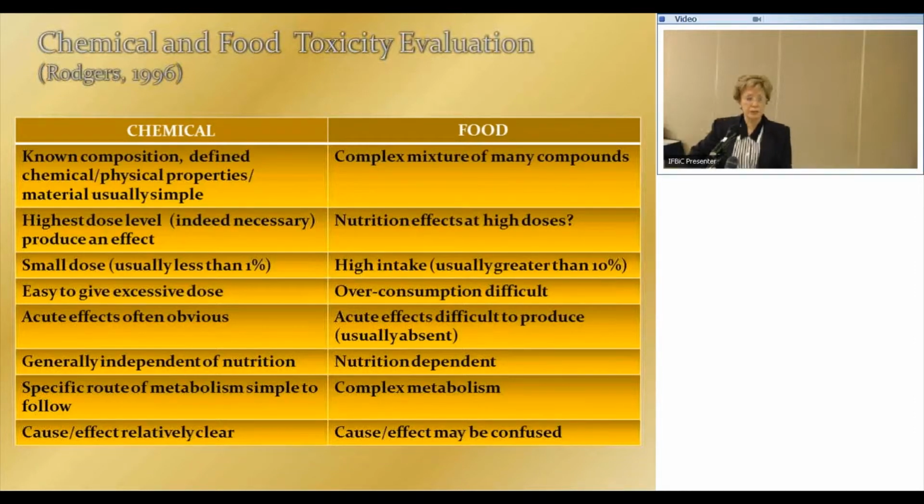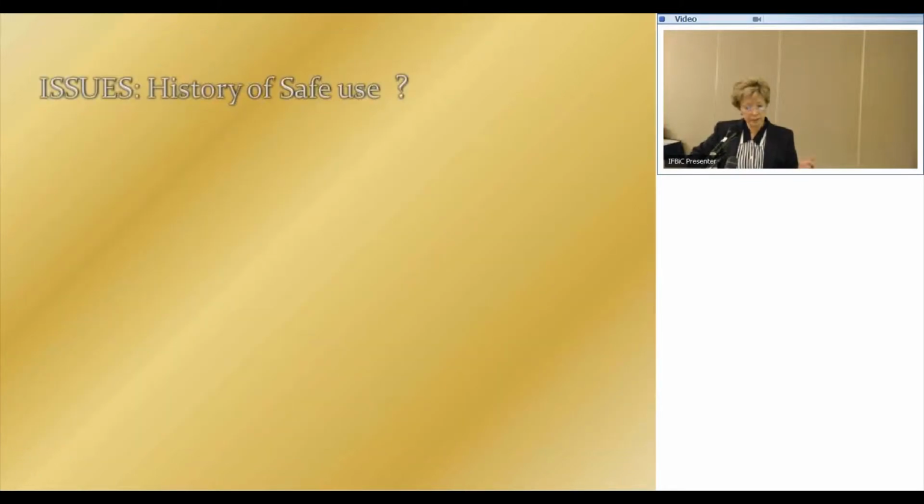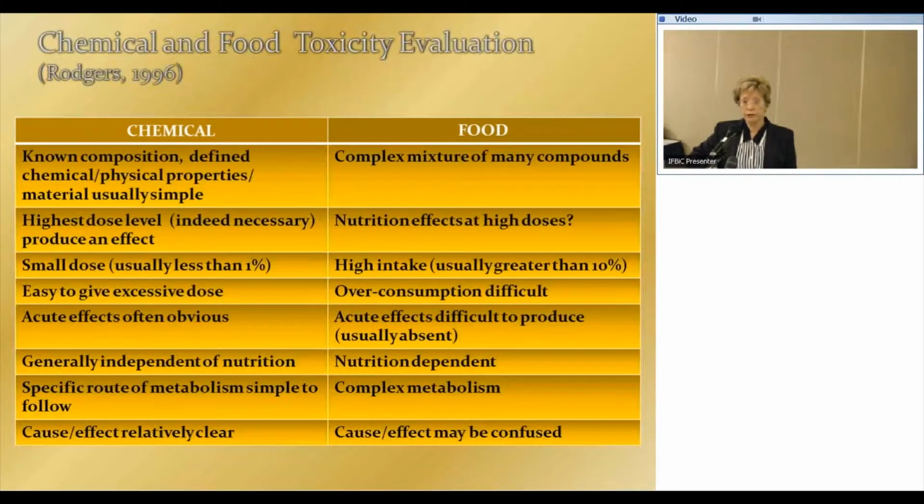There are specific principles that you've got to abide by. For example, you have a dose range, and the highest dose should show effect, but you can't have that with a food. So there are many complications if you try to do it according to a toxicological assessment. So the comparative approach is much more appropriate.